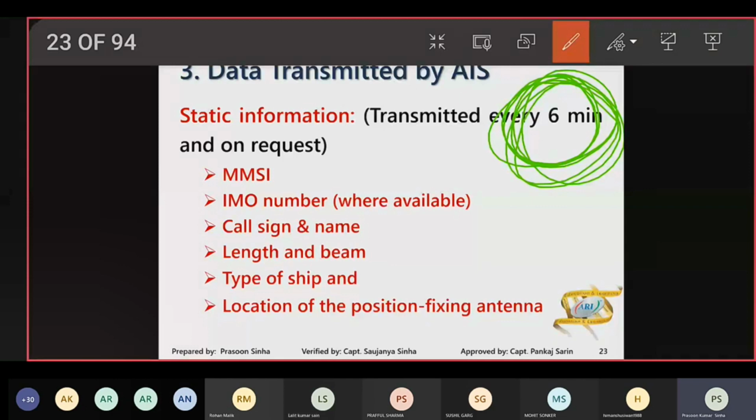Every 6 minutes it is transmitted so that other ships which may come into my area are able to receive my data. And if they have come into my area, I also must receive their data. So they are also transmitting every 6 minutes. So static data is transmitted every 6 minutes.